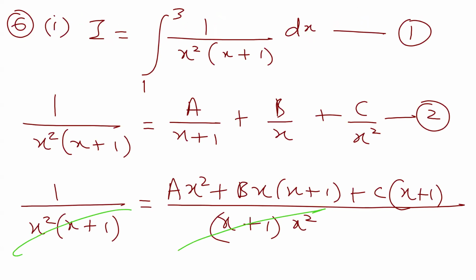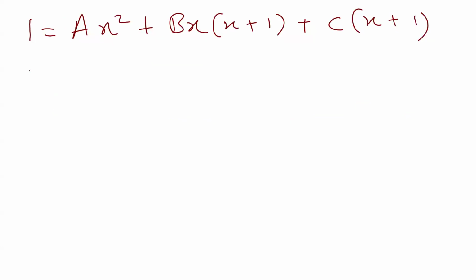Now critical values. Equate x plus 1 to 0, you get x is equal to minus 1. So put x equal to minus 1 in equation number 3.